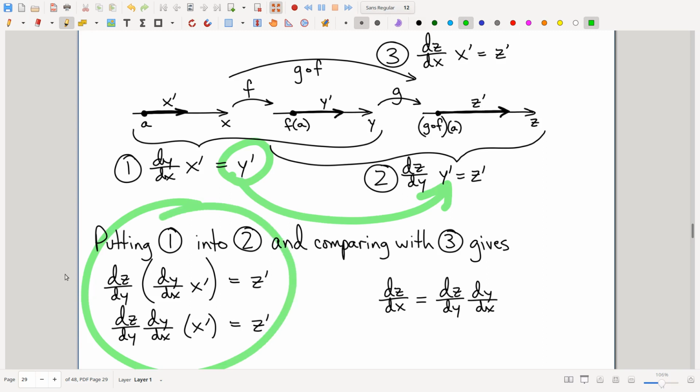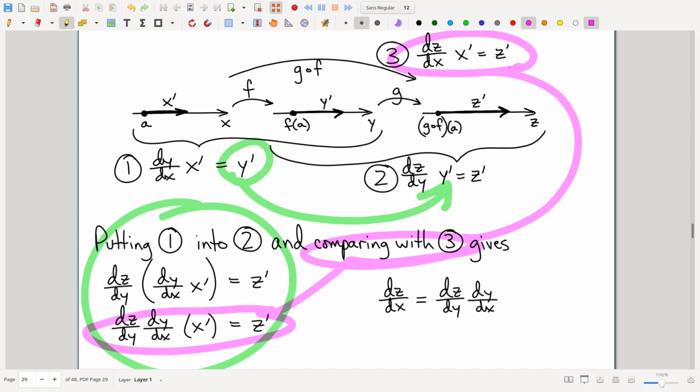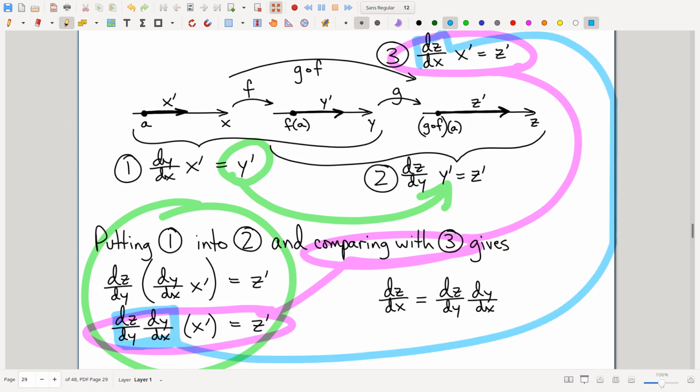Feel free to follow the algebra at your leisure. Then if you compare this equation with that equation, notice that this thing here has to equal that thing there, which is our result. That's just the algebra. Don't get lost in the notation.